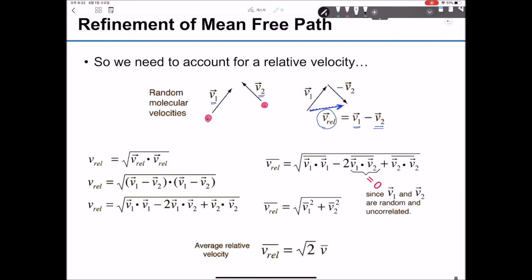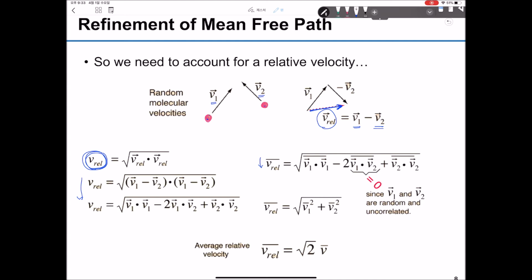And the actual scalar value is the dot product of these two over root. Okay? So this relative velocity is a form of vector, right? So you take the dot product, and if you take the square root, then this is your relative velocity, right? And if you do some simple math, this is what you get. And when you take the dot product, right here, it is very straightforward, right?